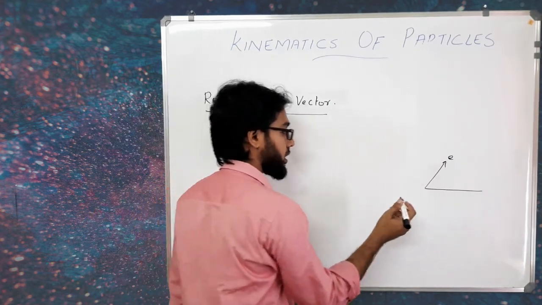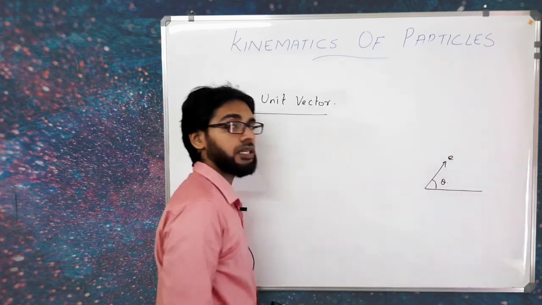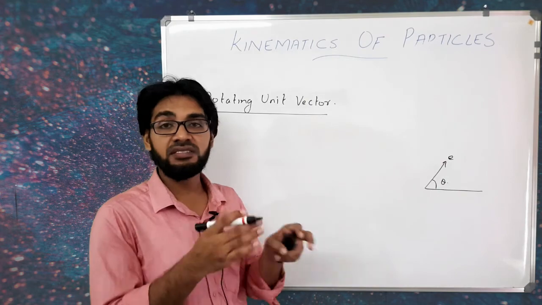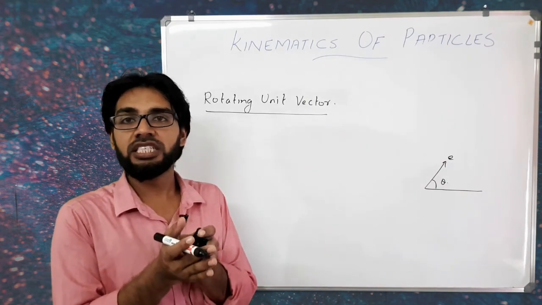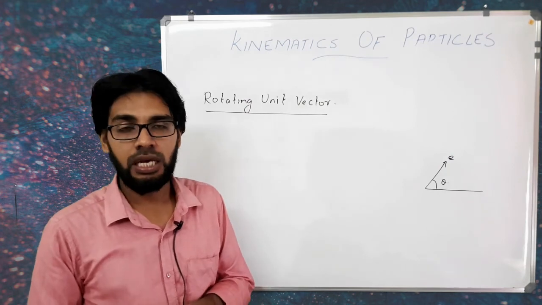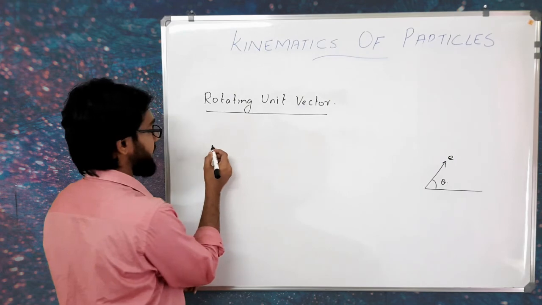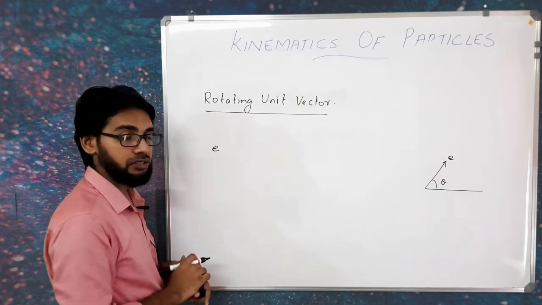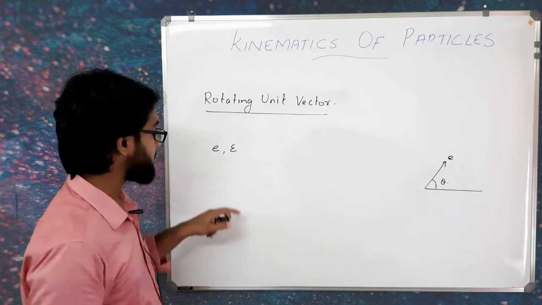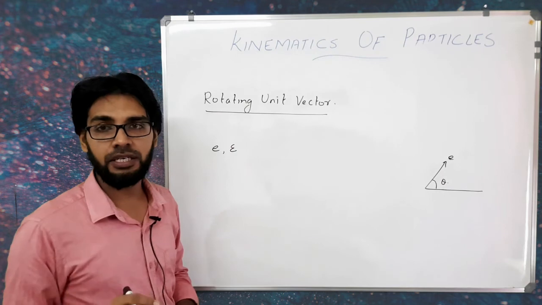Say the angle at an instant of time is theta. This is similar to the rotation of a line which we had discussed in the earlier case. We usually use the term E or the term epsilon for representing unit vectors. So when I use E or epsilon, it means it is a unit vector.